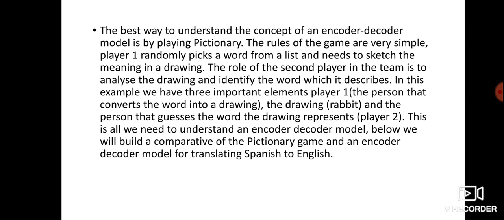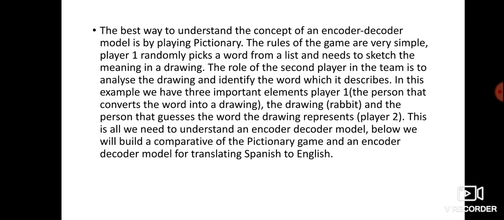The best way to understand the concept of the encoder and decoder model is by playing Pictionary. The rules of the game are very simple. Player 1 randomly picks a word from a list and needs to convey the meaning in a drawing. The role of the second player in the team is to analyze the drawing and identify the word which is described.